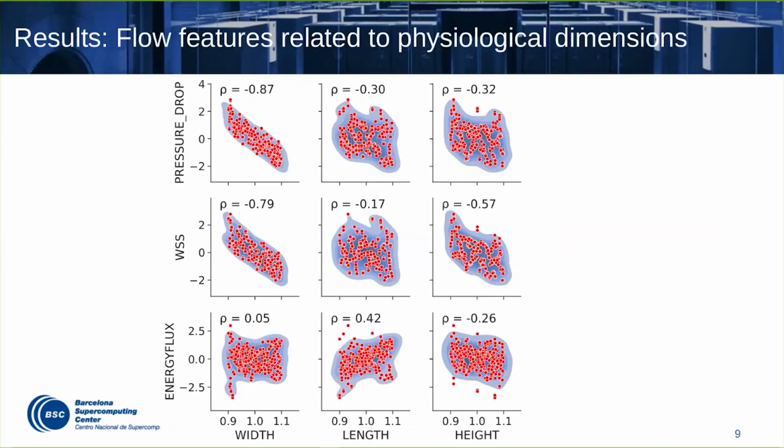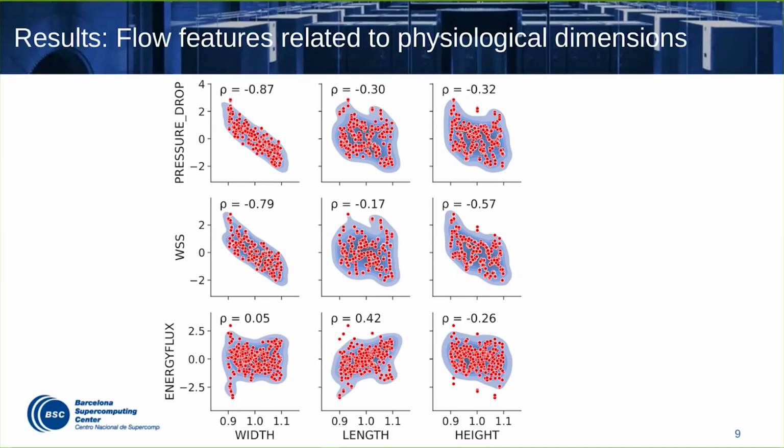So the first result is shown in this plot. It's, let's say, a physiological sensitivity analysis of the results through a Pearson coefficient, giving you an index of the linear correlation between the input and the output. The input here, as I explained before, is the random variation of the width, the length, and the height of each geometry.